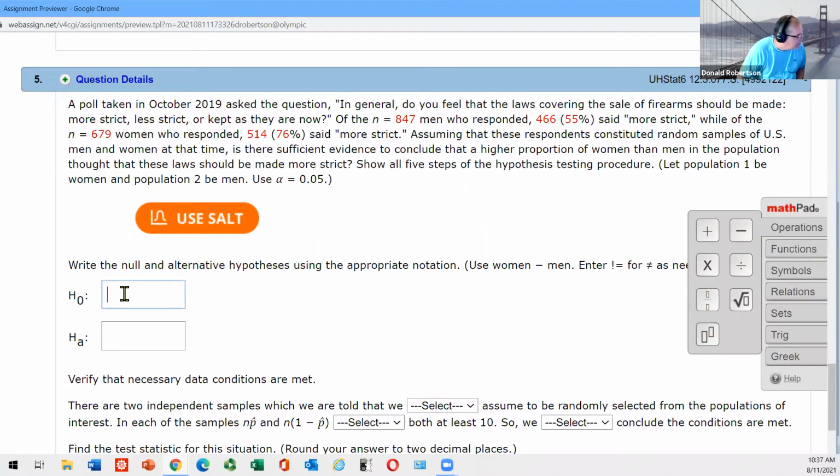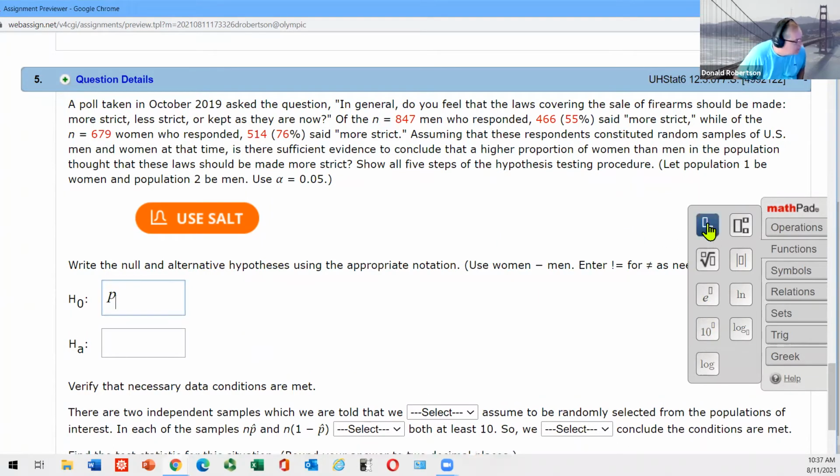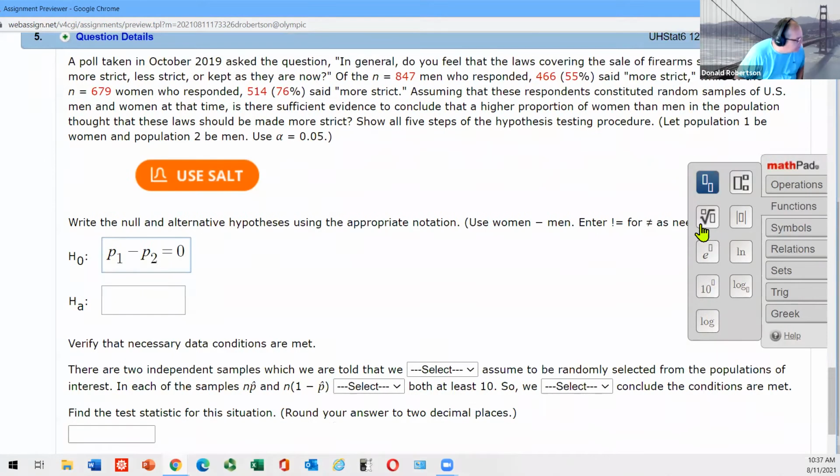Okay, null hypothesis. Well, that's the easy part. Percentage of men who think it should be stricter, take away percentage of women who think it should be stricter, should equal 0.